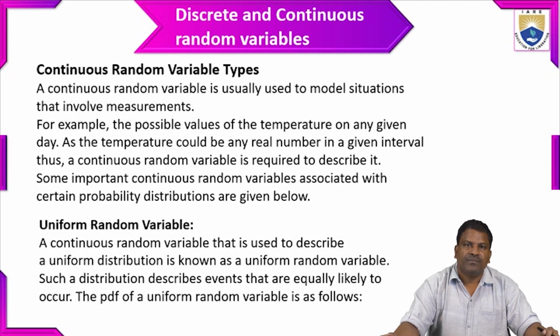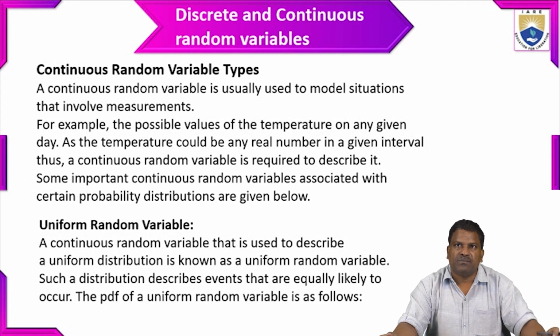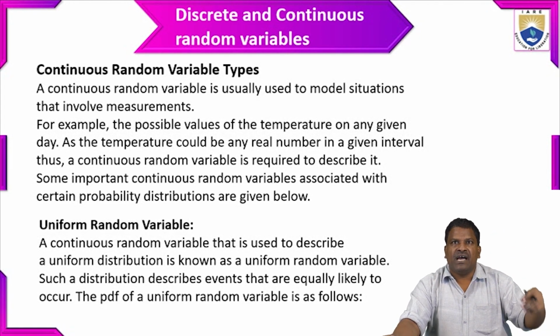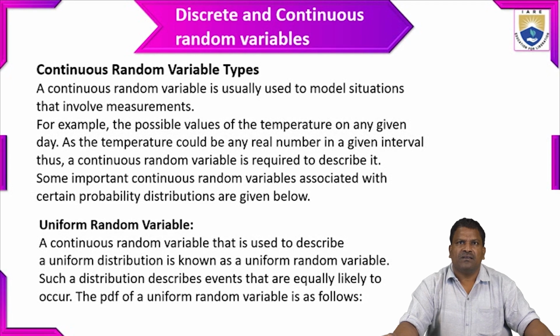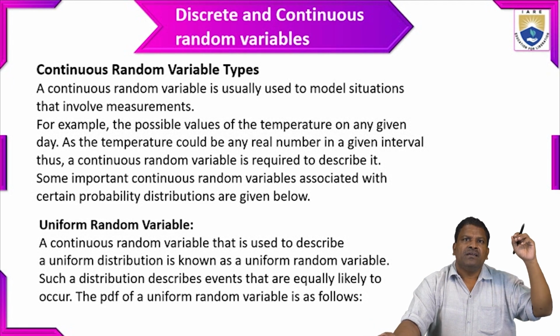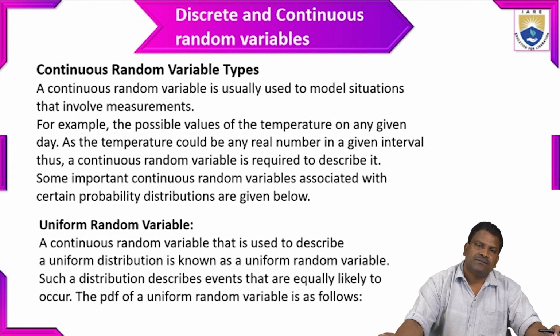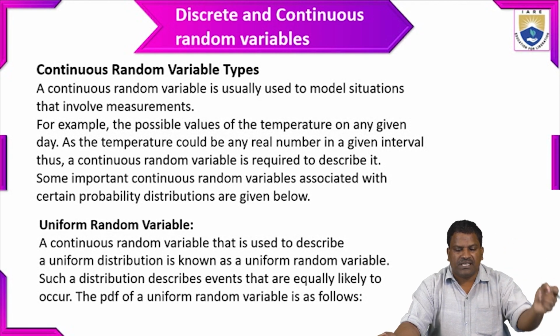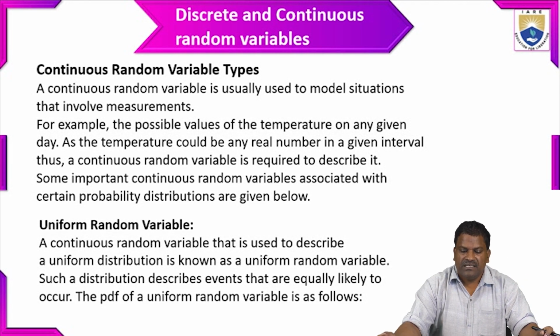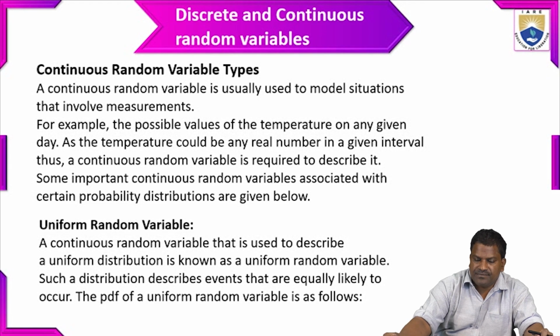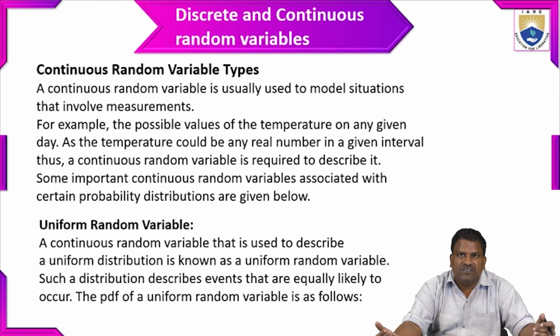For example, the possible values of the temperature on any given day, as the temperature could be any real number in a given interval. Thus, a continuous random variable is required to describe it. Some important continuous random variables associated with certain probability distributions are given below.